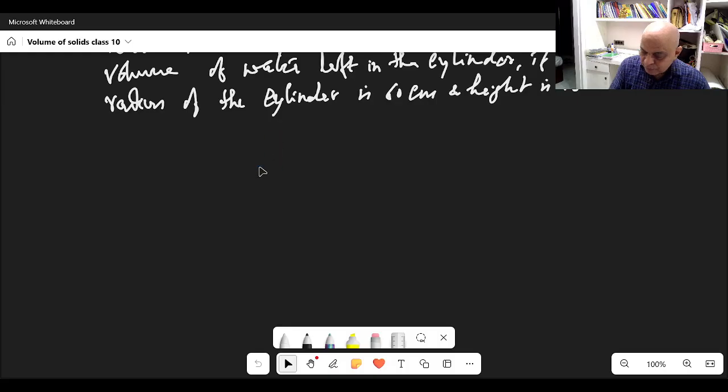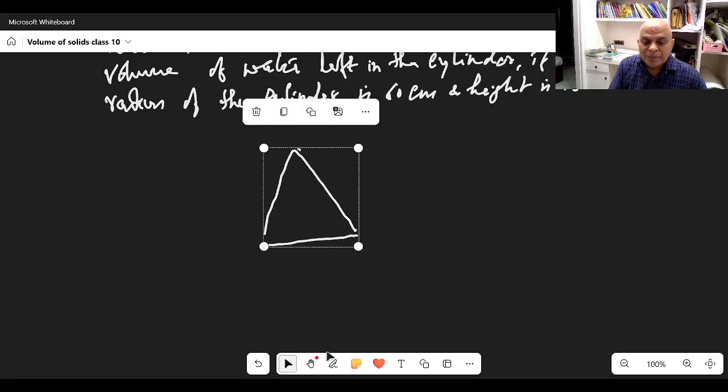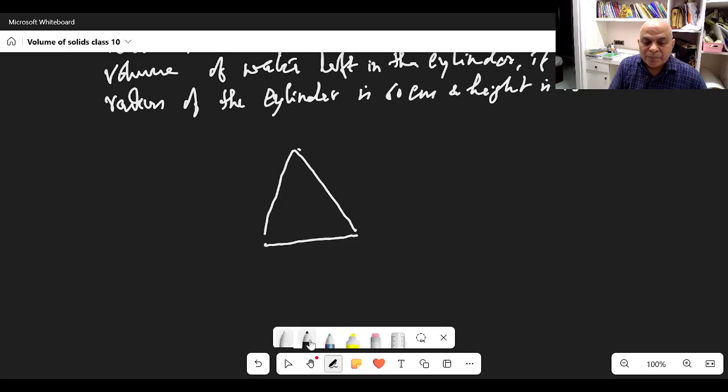There is a cone. Now below the cone, there is a hemisphere, a solid hemisphere.